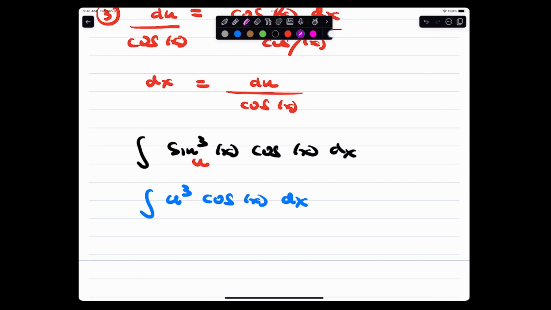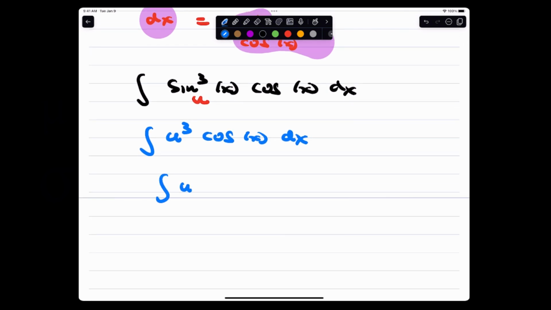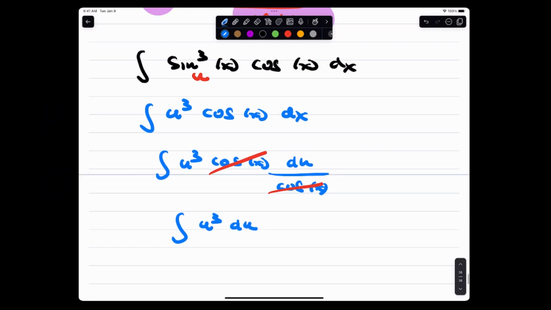Dx is right here, right? It's du over cosine. Do you guys know what happens with those cosines? They cancel. What do you end up with? Just u to the third what? Du.